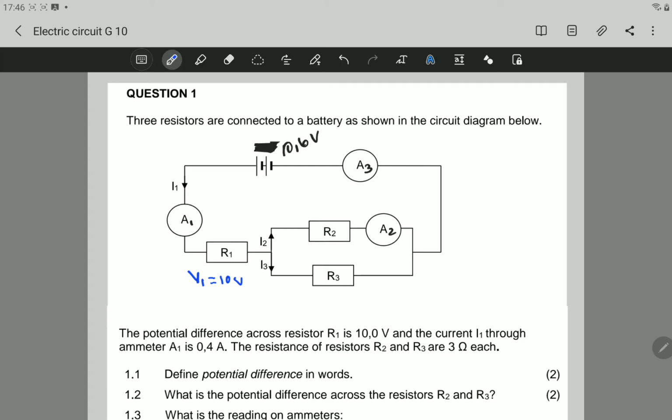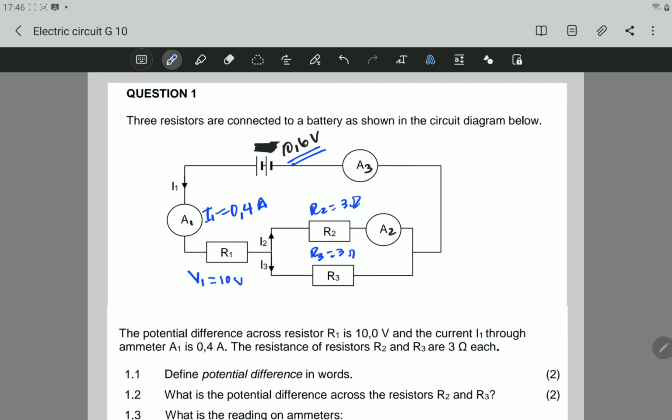The current I1 through ammeter 1 is equal to 0.4 amperes. The EMF of the battery is 10.6 volts, and R2 is equal to 3 ohms, as well as R3.